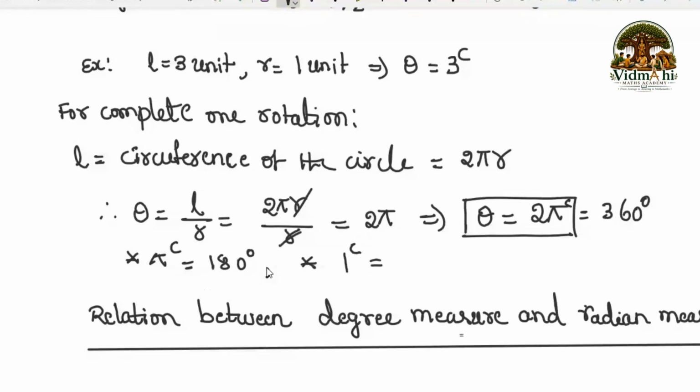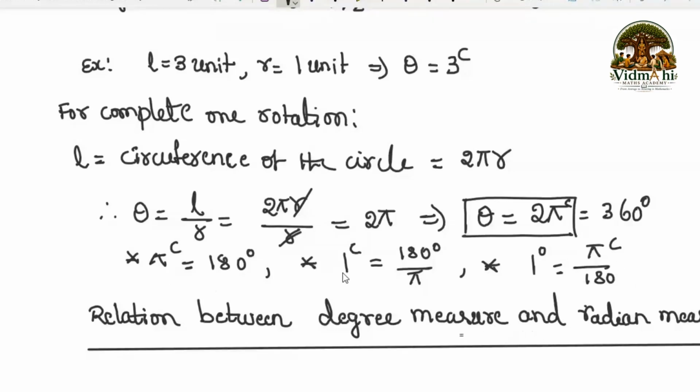Pi radian is 180 degree, so 1 radian is 180 by pi degree. And what about 1 degree? 180 degree is pi radian, so 1 degree is pi by 180 radian.